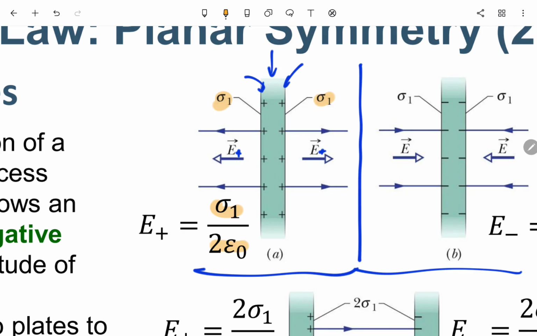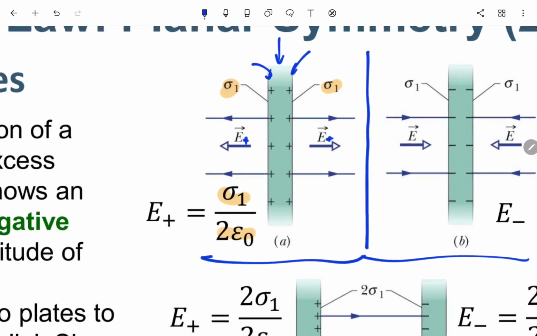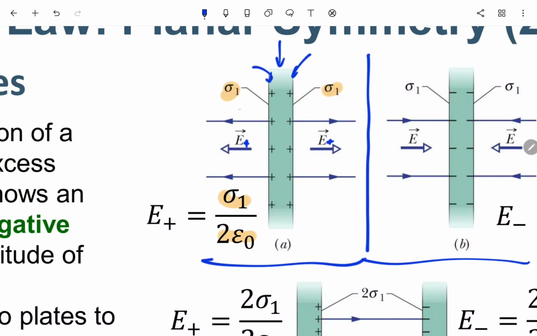Because it generates the E field on both sides, there will be this one half factor here. If you don't believe it, you can assume a Gaussian surface, also a cylinder, but this is a cross section so you only see a rectangle.